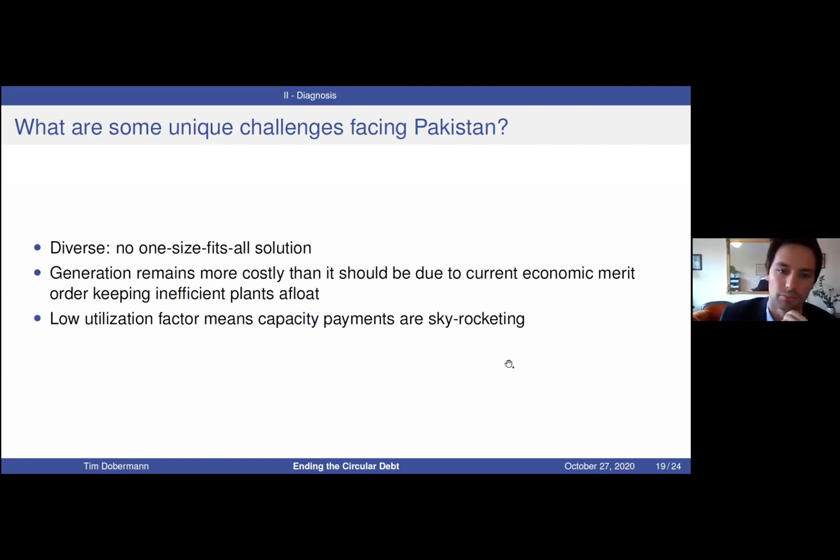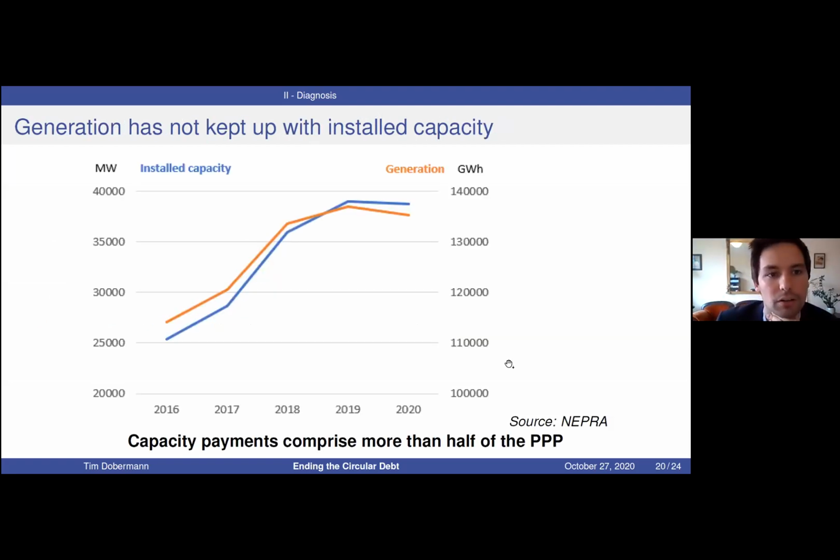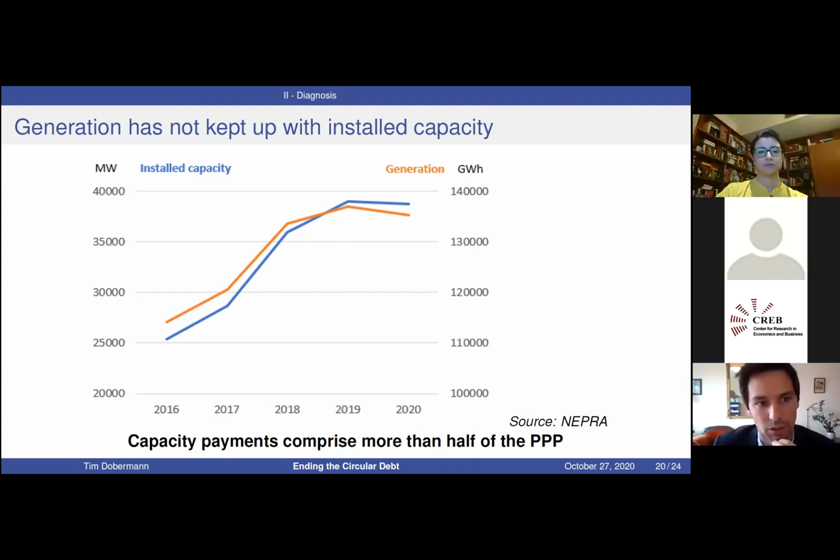And a quick illustration of this is that, again, this is from NEPRA. If you just look very roughly at the installed capacity in blue and the generation of electricity in orange, you can see that generation has not necessarily kept up with installed capacity. And I'm not the expert in explaining why these gaps exist, but a key challenge, certainly for Pakistan's context currently, is that these capacity payments, because of the existing structure of these contracts, are very high.